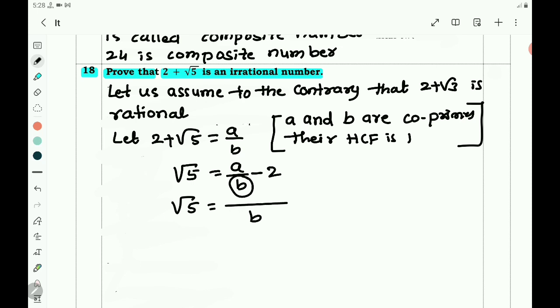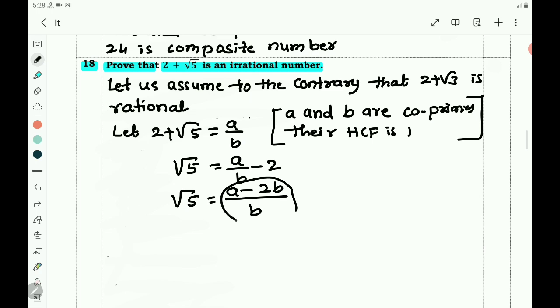In the numerator a remains as it is, minus, and 2 must be multiplied by this b, so it becomes 2b. So what you are going to get in the numerator? a minus 2b. And here you got the rational in the RHS and irrational in the LHS.